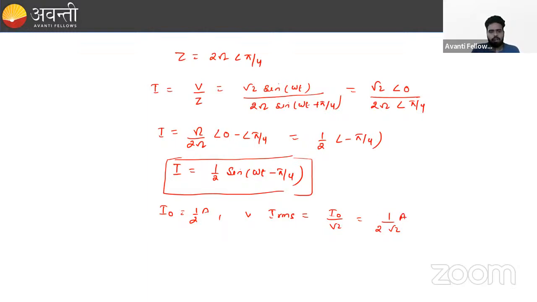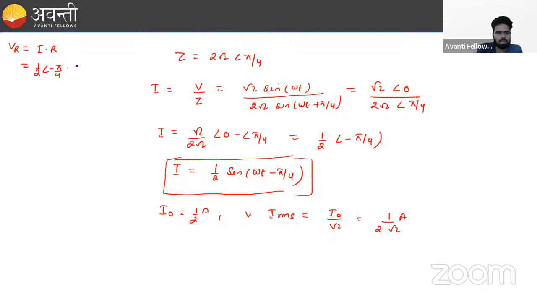In this manner, we can calculate I. Once we calculate the value of I, we can find anything. Suppose we have to find out V_R, we can say I into R. What is the value of I? We can write 1 by 2 sine omega t minus pi by 4, in short form minus pi by 4.